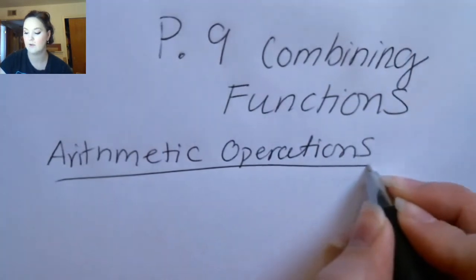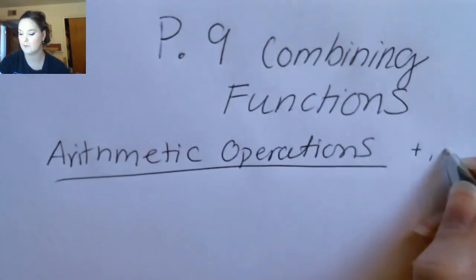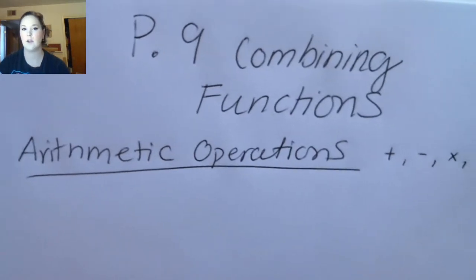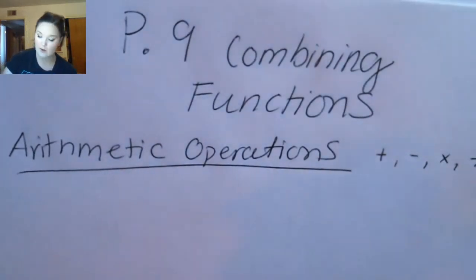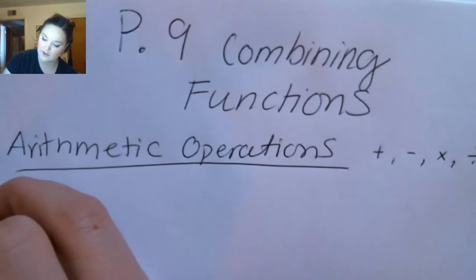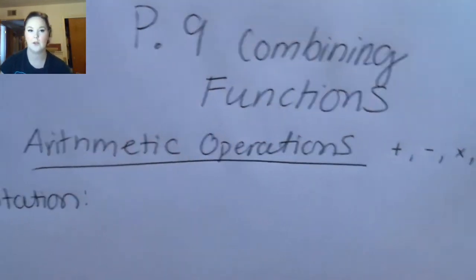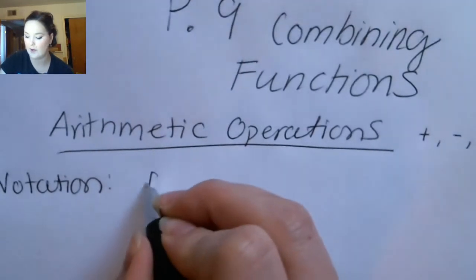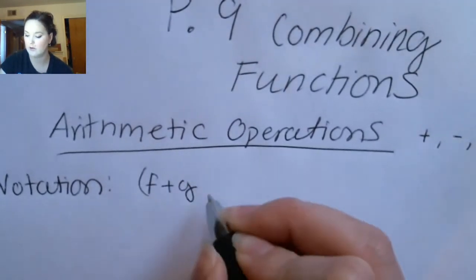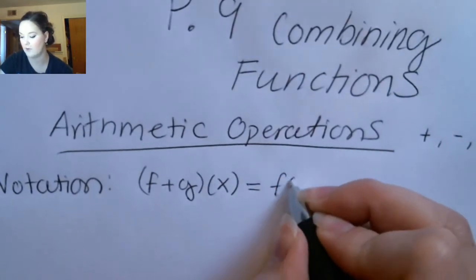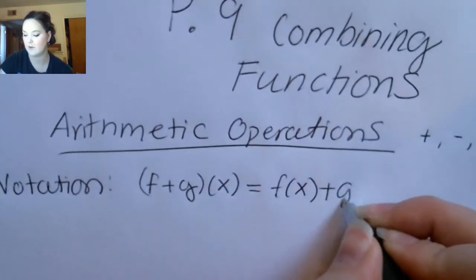Okay. So remember that means plus, minus, times, and divide. Okay, and let's just review the notation. Okay, so if you have f plus g of x, you define that to be f of x plus g of x.